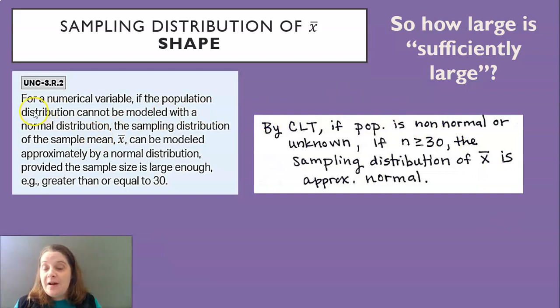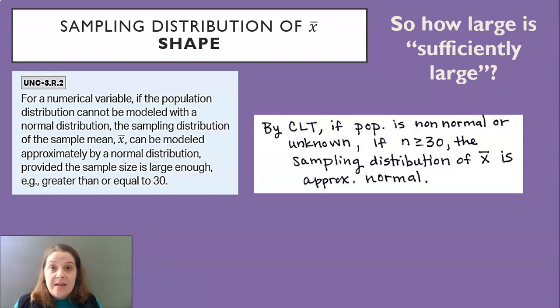Okay, so from the rubric here, it says for a numerical variable, if the population cannot be modeled with a normal distribution, the sampling distribution can be modeled by an approximately normal distribution, provided that the sample size is large enough, that is greater than or equal to 30. So by the central limit theorem, if your population is non-normal or unknown, as long as n is greater than or equal to 30, your sampling distribution is going to be approximately normal. That's a really good line to draw.